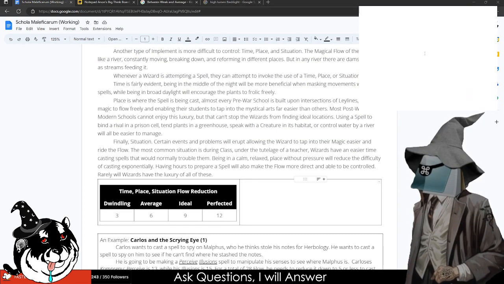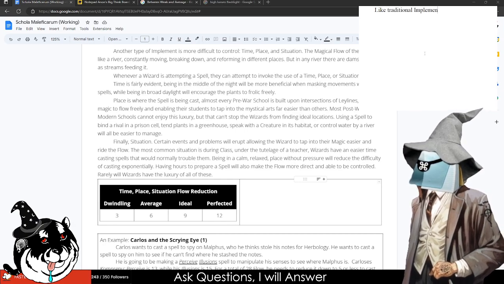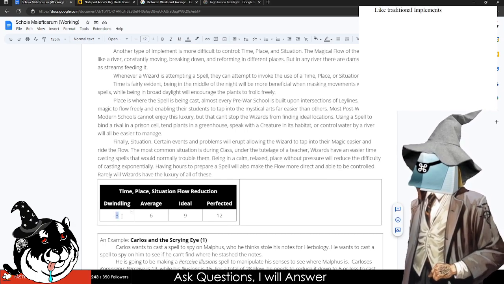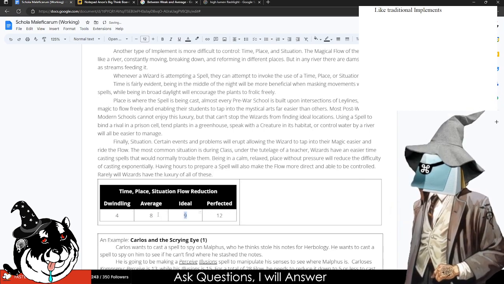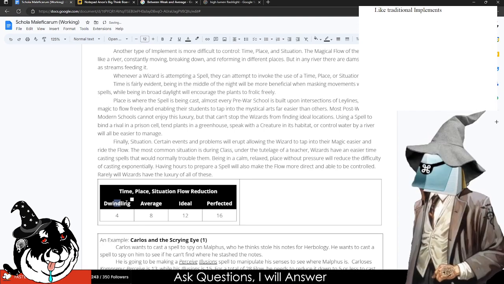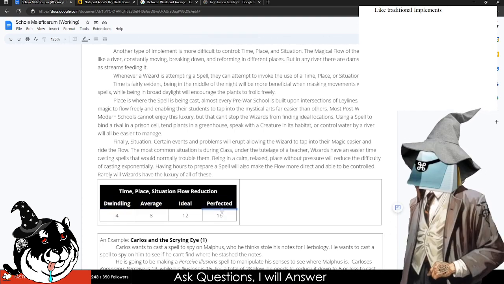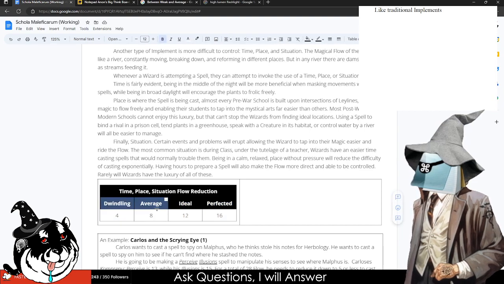So like traditional implements, we're gonna make these a little bit more aggressive, but they're gonna be a little bit harder to get, if that makes sense. Like, you have to be in the ideal situation to get this.